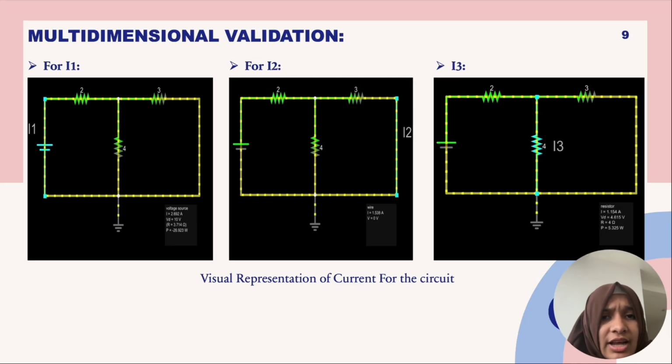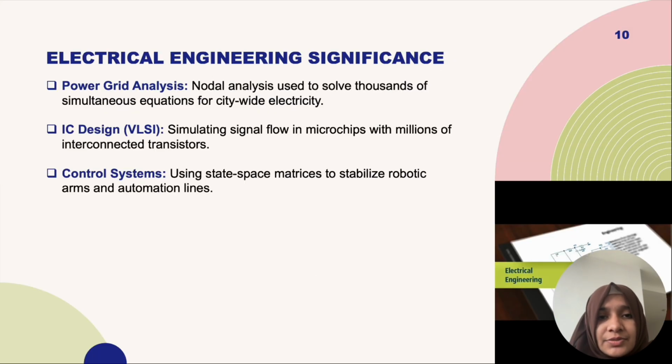To visually validate this circuit result, I used a circuit simulator. This image shows the exact current paths for I1, I2 and I3. It shows how the 10-volt energy is distributed across the network exactly as we calculated.